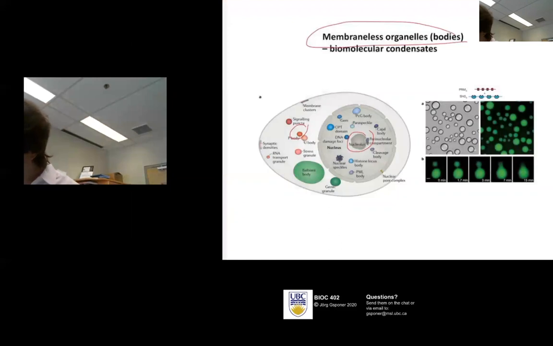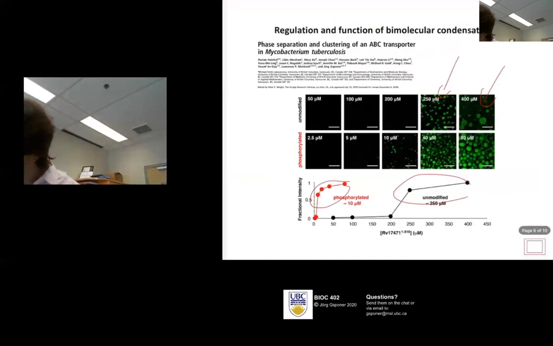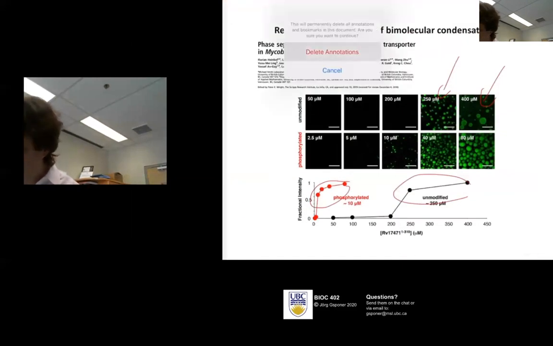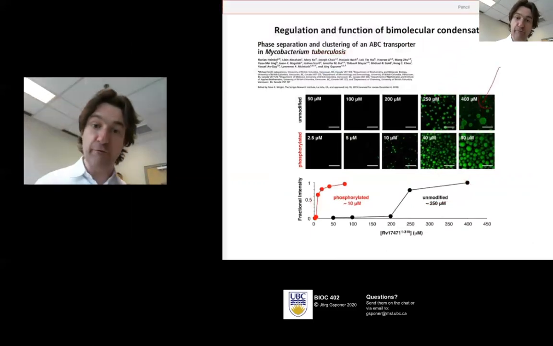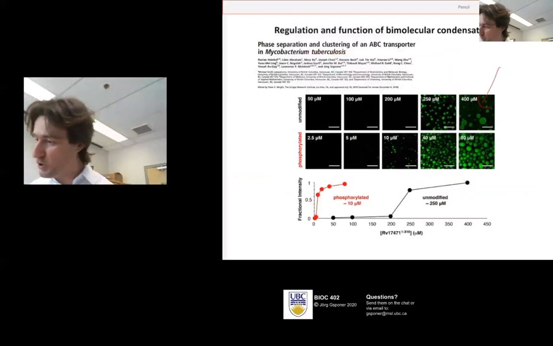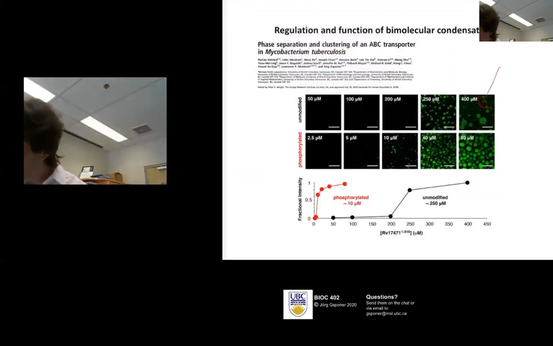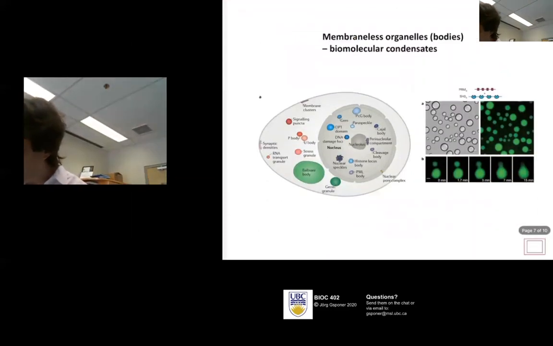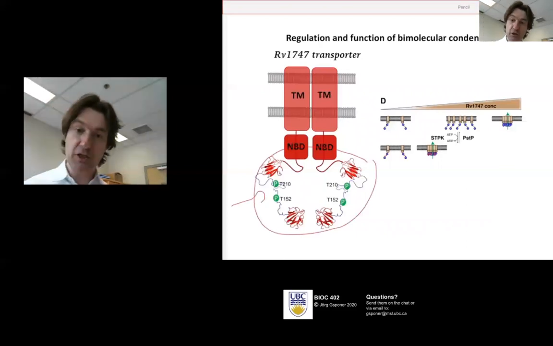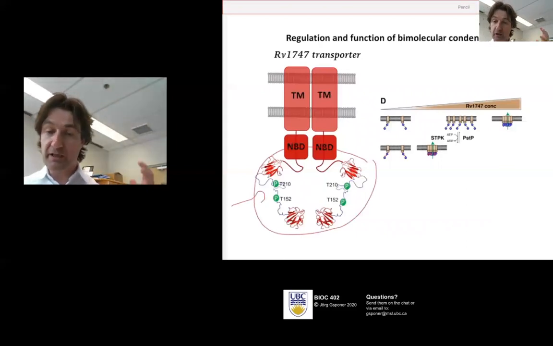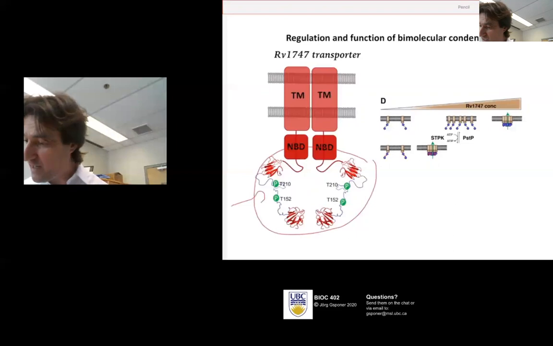So that was an intriguing finding, that this cytoplasmic part of this ABC transporter undergoes this liquid phase separation in vitro. So the question then is, what is this good for in the context of the entire protein? What is the result of the phase separation of the cytoplasmic part in the context of the entire transporter?